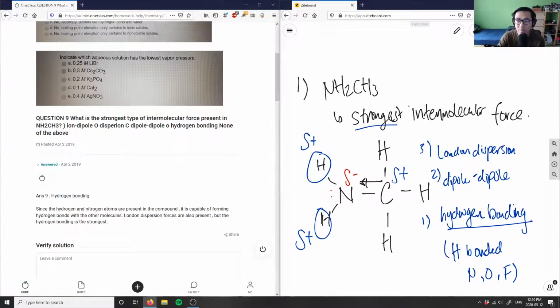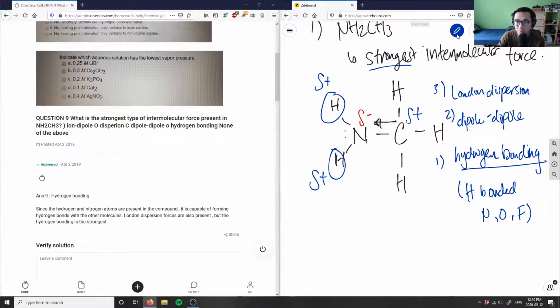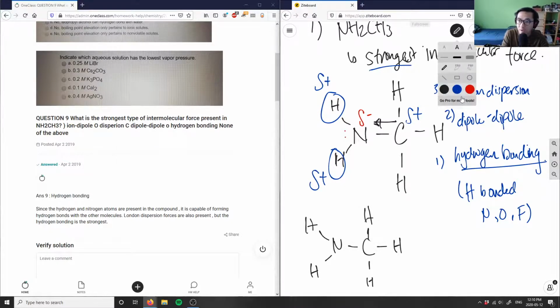If we had another NH2CH3 molecule, like if I were to draw another one out, you can see that it is also attracted to itself, right? So let's draw this out here. This here is partial positive.